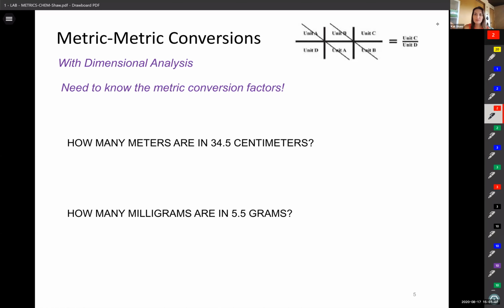In order to use dimensional analysis to do this, we need to know the conversion factors for our metric system. We need to know that there are 1,000 milligrams in 1 gram. We know that there are 10 deciliters in 1 liter. We need to know those facts in order to use this method, right?